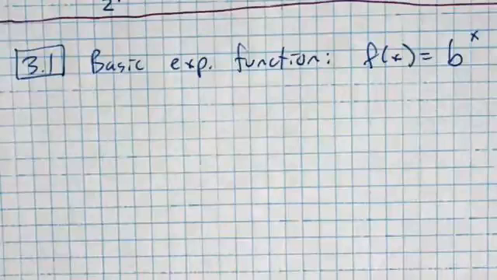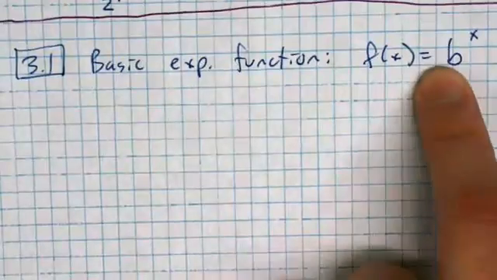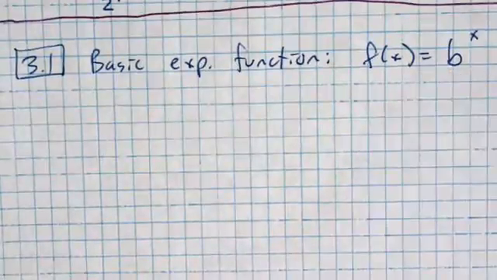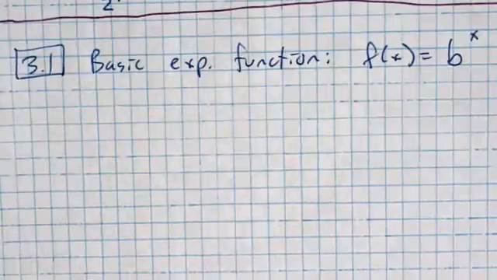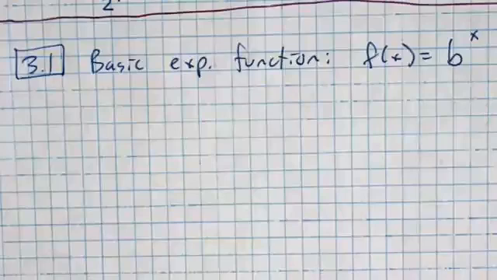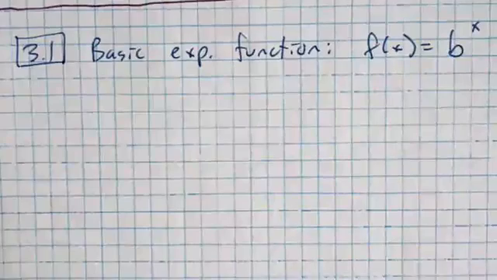We're eventually going to add an a in front of this to deal with our general case of an exponential function. But I just want to mess around a little bit and remind you what the graphs of these functions look like. We'll do a little bit of analysis as well, practice our chapter 1 skills.